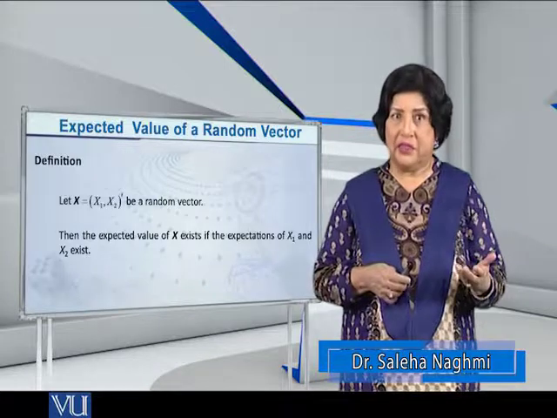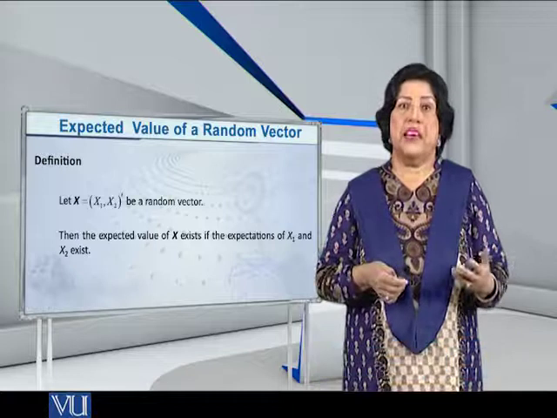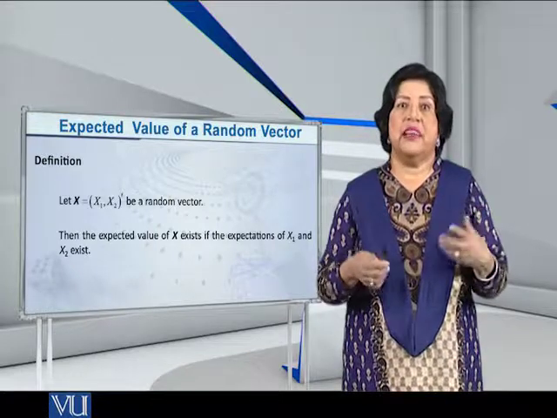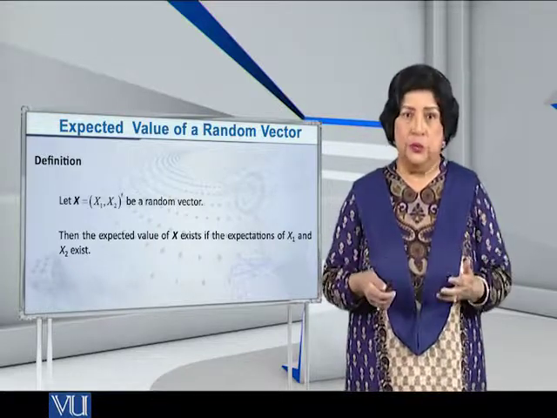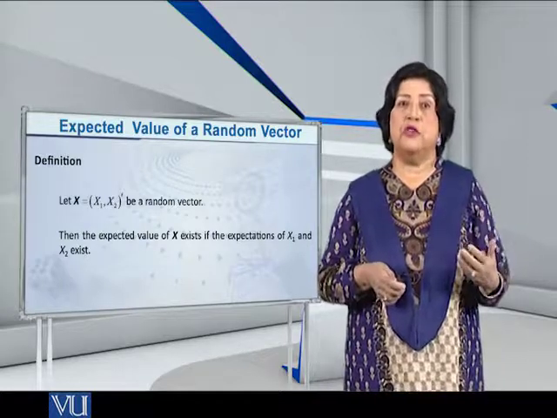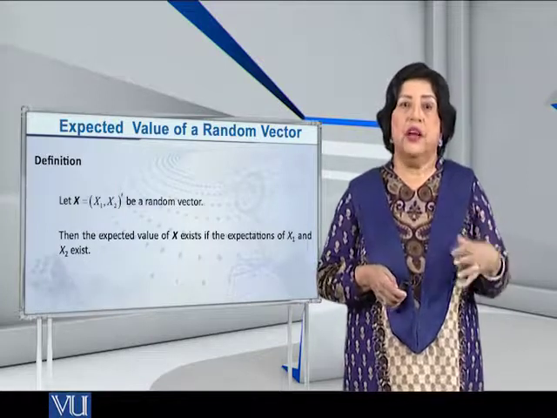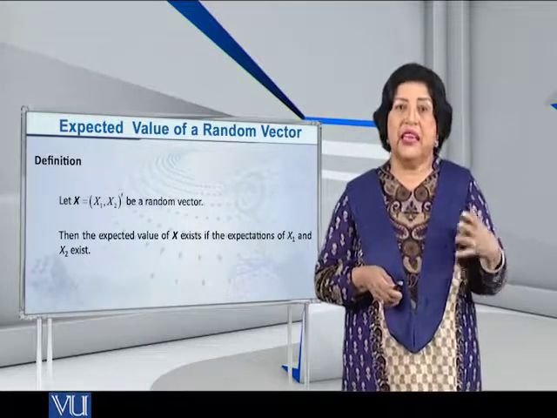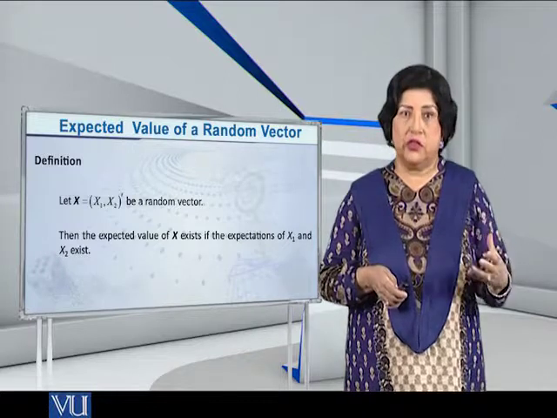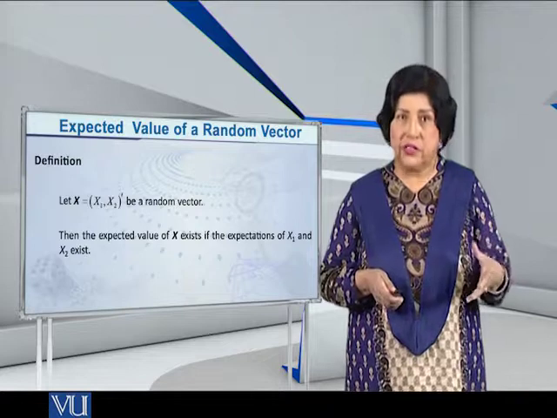Let capital X, bold, be a random vector given by two random variables, x1 and x2. Then the expected value of the vector X will exist if the expectations of x1 and x2 exist.